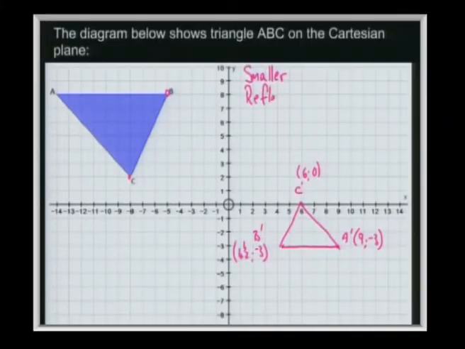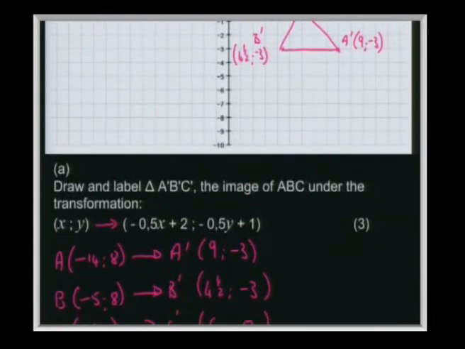So it's become smaller, it's reflected, and what else has happened? There's been an element of glide in it as well. Absolutely correct. So if we look at this over here, that whole big formula, the x became a negative and the y became a negative. Now, what kind of transformation is that?